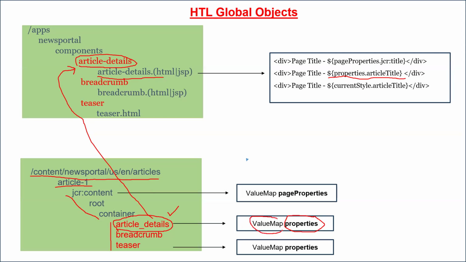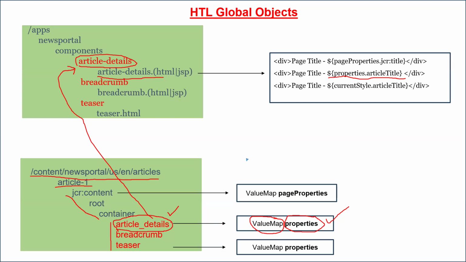Student ST equal to new student. In that syntax, student is the class, ST is the object. So in this syntax, properties is an object. But the backend implementation class is value map IMPL. Value map is an interface, and for this interface we have an implementation class called value map IMPL.